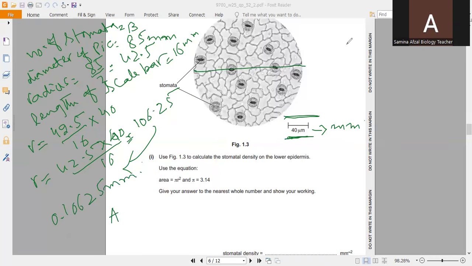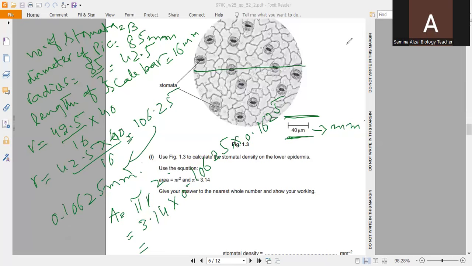Now the area is equal to pi r squared. So 3.14 into 0.10625 into 0.10625. Let me calculate, but you can calculate it by yourself.